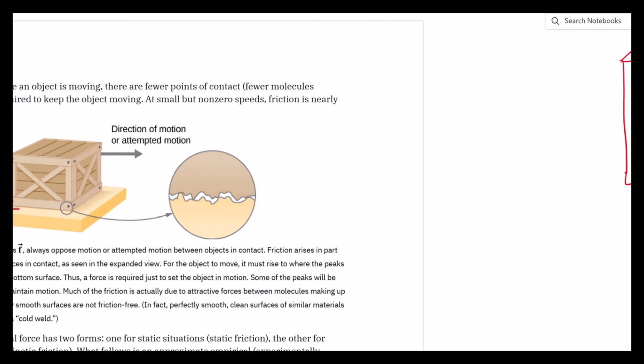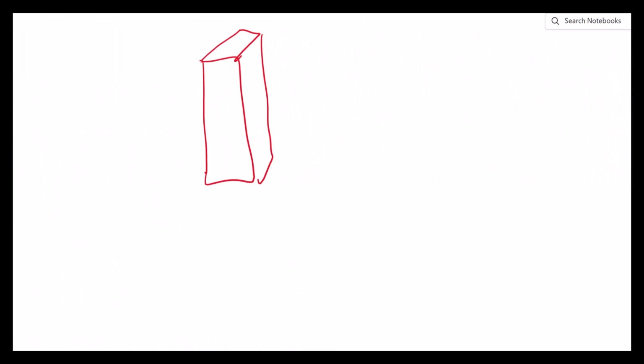if you've got a box sitting like this on a surface, I drew a little picture here, you're like, well, the friction is based on the surface area. If we were solving this in a more advanced class, we might get into all that.